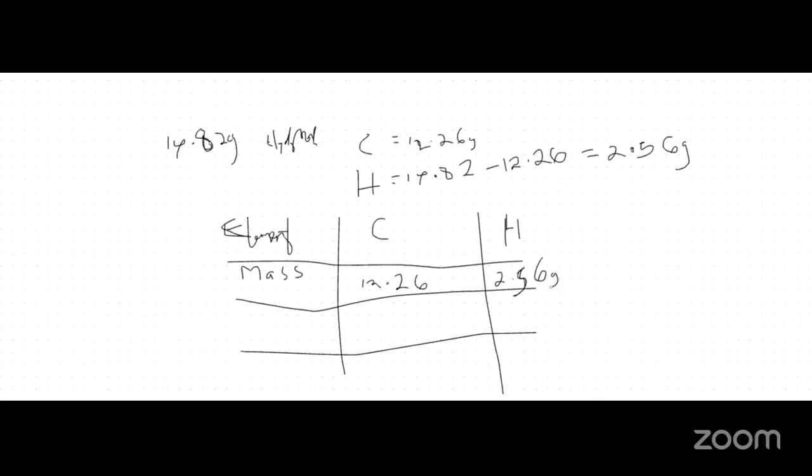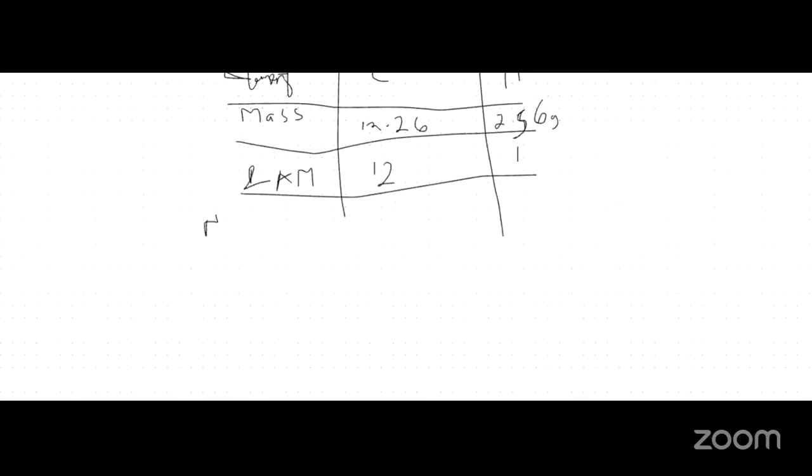Then what follows is RM. The RM of this one is 12 and this one is 1. It is fine up to there. Now remember number of moles. The reason why I want us to understand this one is because what comes next is the molecular formula, which depends on this.